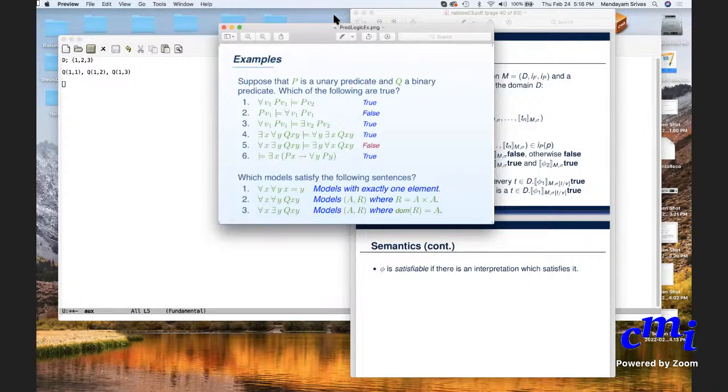So for 6, the negation is not of for all x, p of x. Maybe, and if it helps you, let me see who all are there. So last time, someone claimed that this is not true. Was it Dhruv?